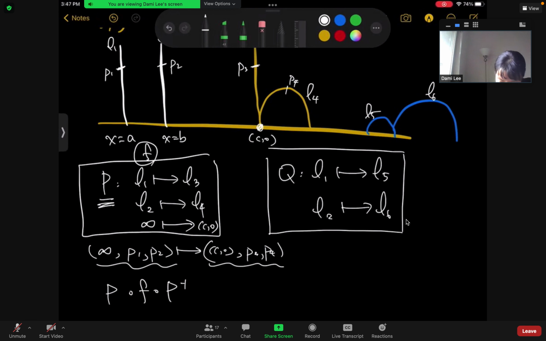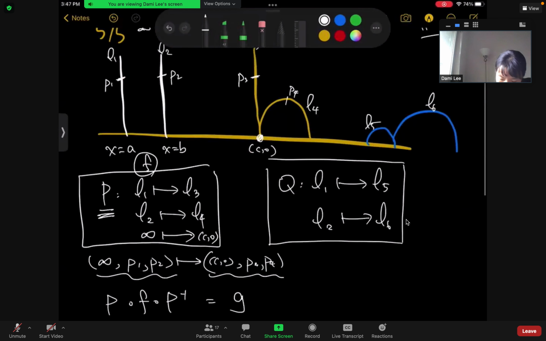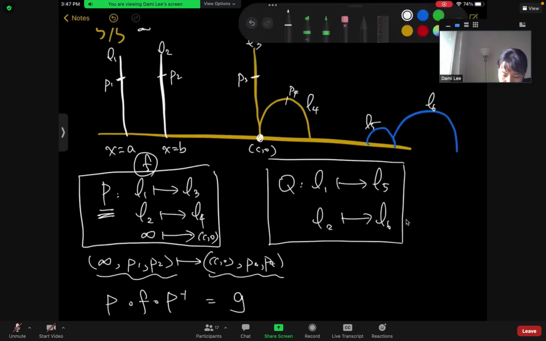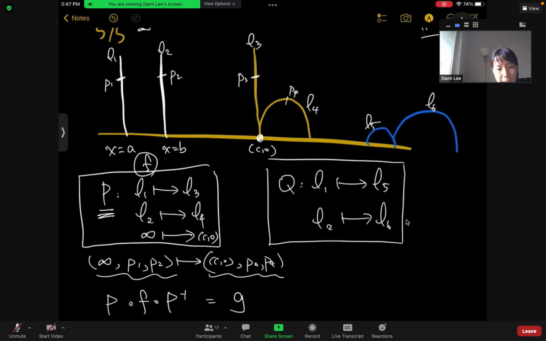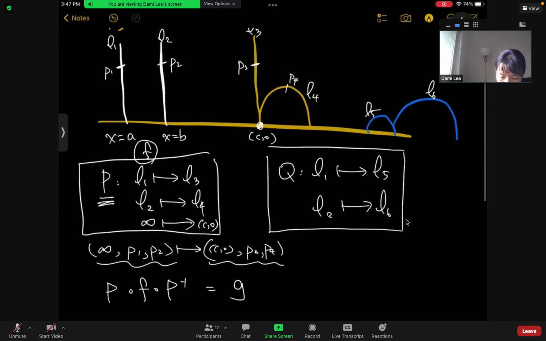I think it has to go in this order. Oops. This will give, let's say, G for some map. G will be the map that is the reflection about L3 and L4. And it will also give us a parabolic isometry that fixes C comma 0.